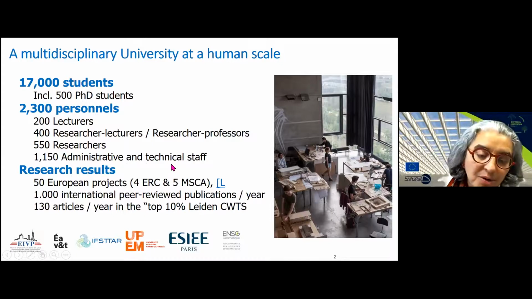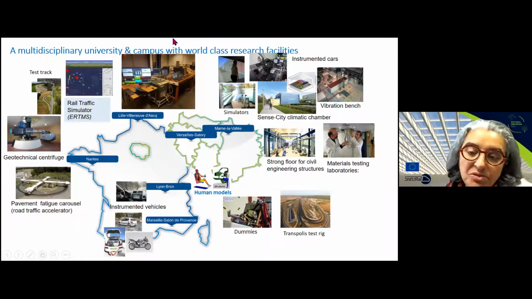So the spectrum of research is very wide, as you can imagine, in this very big university. What is original is that now we are located in several places in France, as you can see.